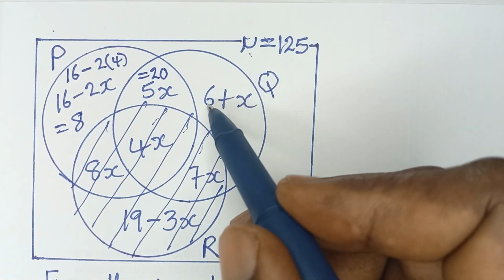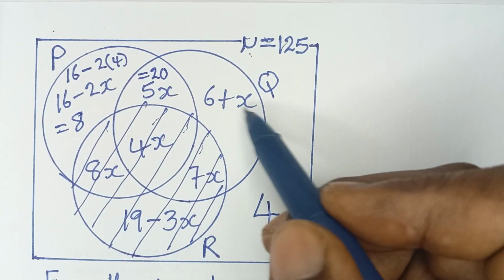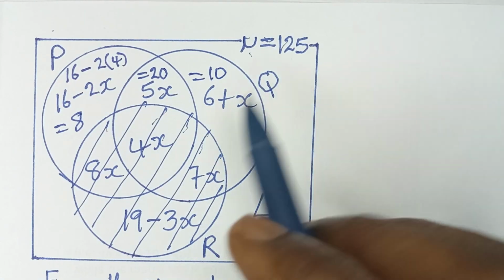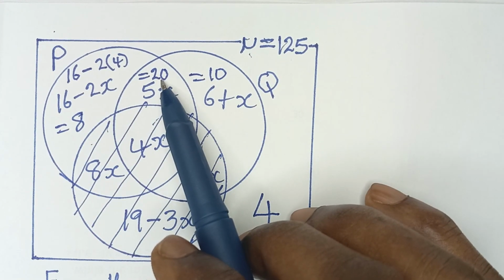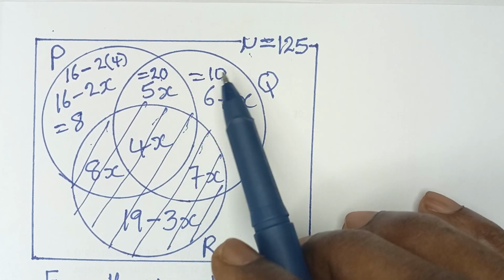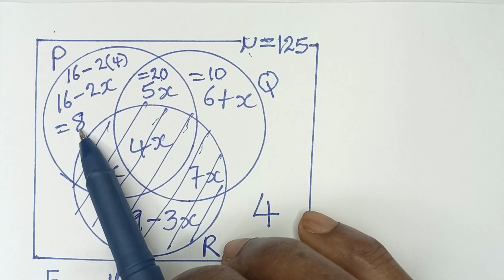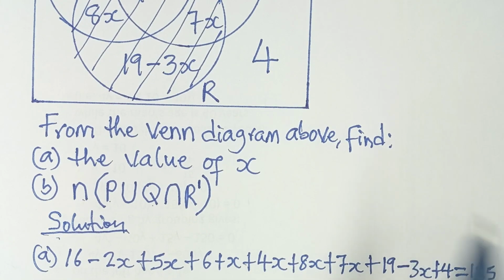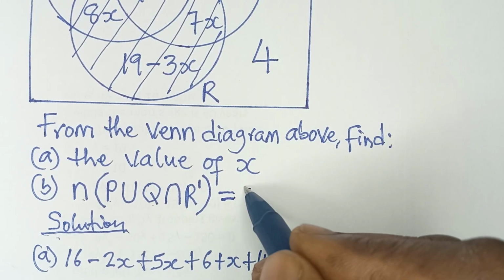And then this last part says 6 plus x. Because x is 4, 6 plus 4 is equal to 10. So the number we are looking for now is 8 plus 20 plus 10. 20 plus 10 is 30, and then 30 plus 8 is 38. So this portion of the question is equal to 38.